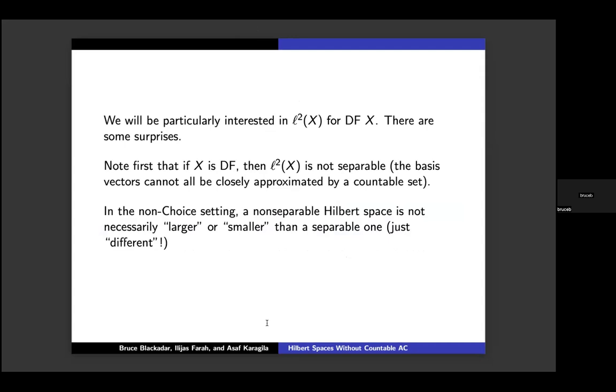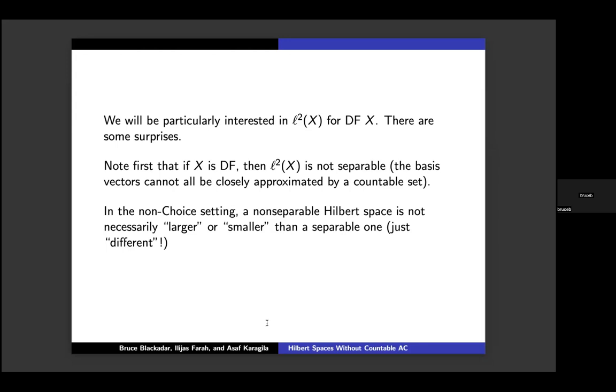We're going to be particularly interested in L2 of X when X is DF. And it turns out there are some surprises here. So the first thing to note is that if X is DF, then L2 of X is not separable, because you can't approximate all the basis vectors closely, within, say, less than 1 over square root of 2, by a countable set.